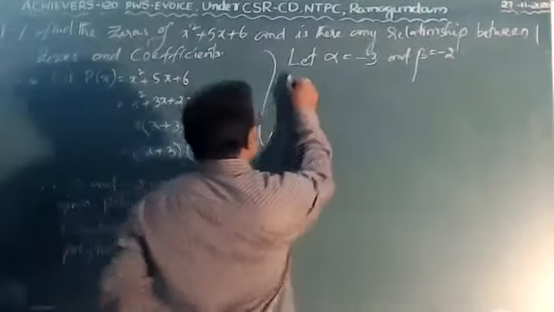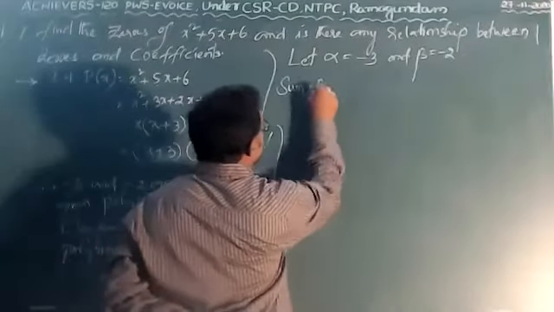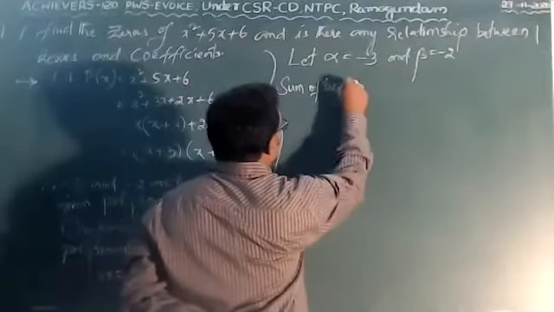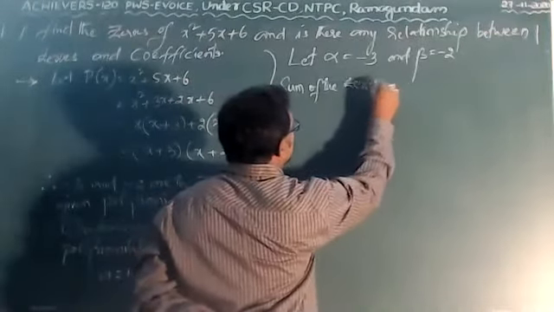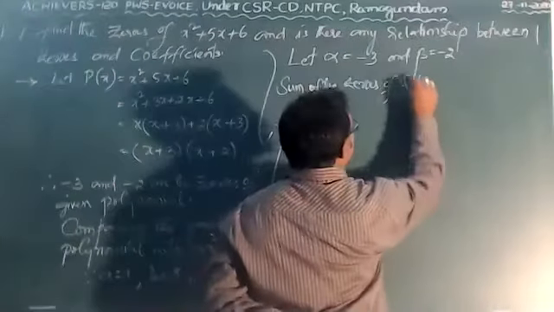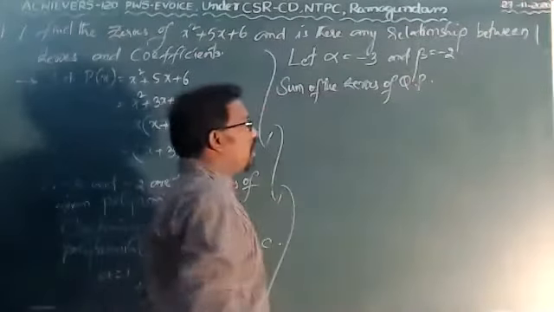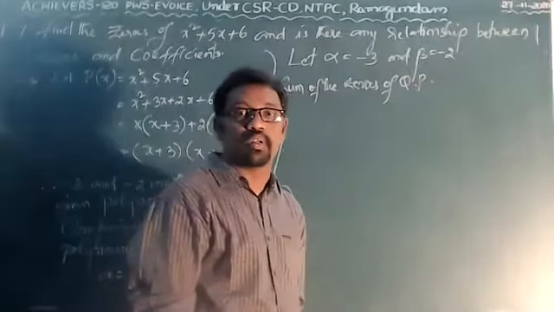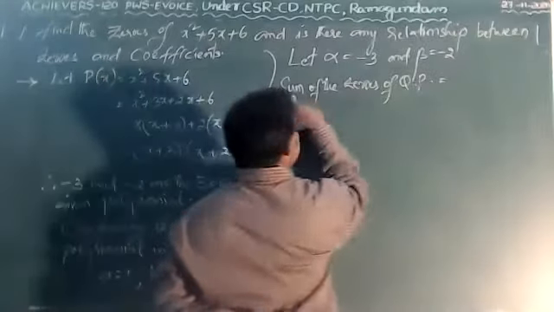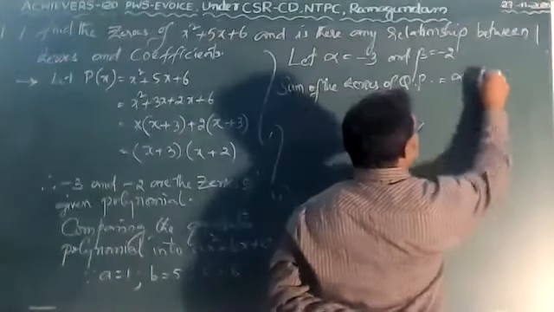Now, the sum of the zeros of a quadratic polynomial. Space is not sufficient, so I am writing like that. What is the formula? Sum means plus.